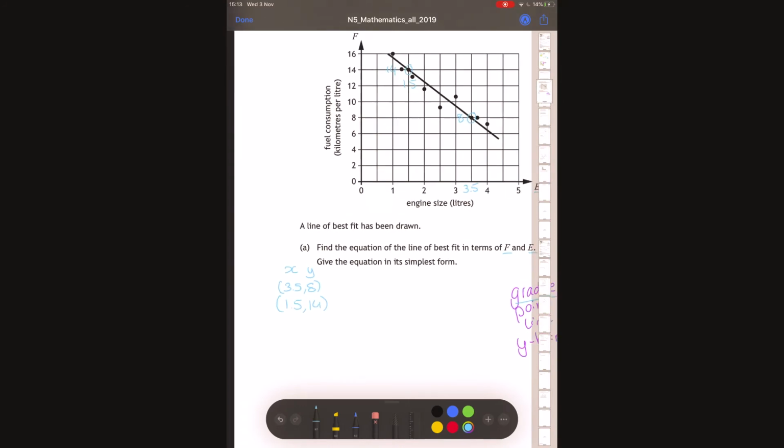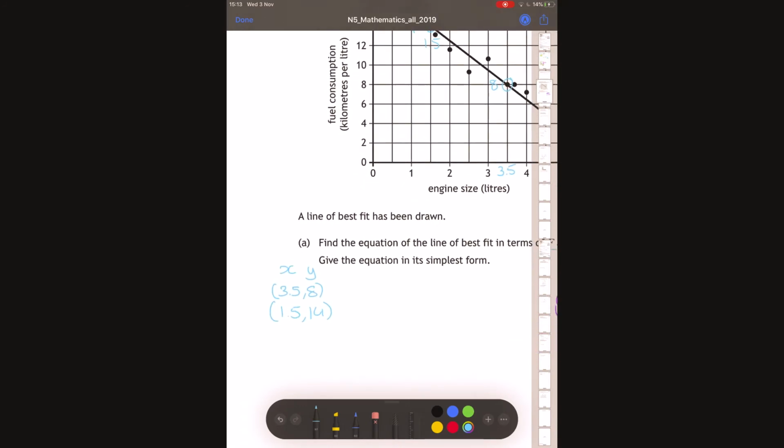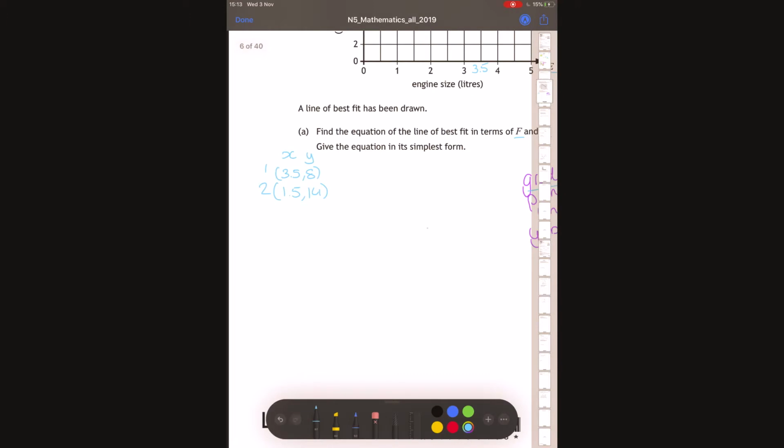So then I also know that I need to label these 1 and 2, so I'm going to be strategic, and well, actually you could really just label any one you want. So let's call this 1 and 2. So our formula for the gradient is m equals y2 minus y1 over x2 minus x1.